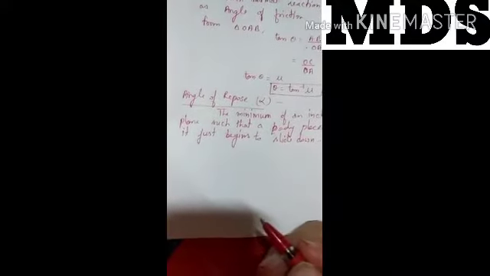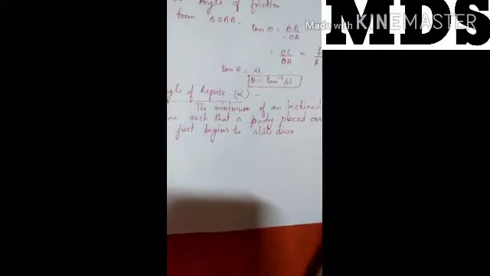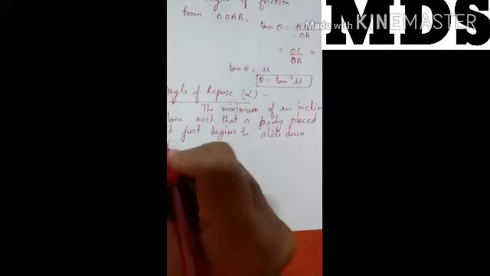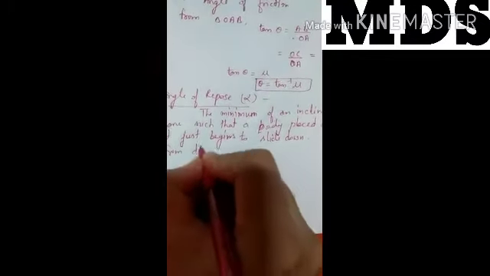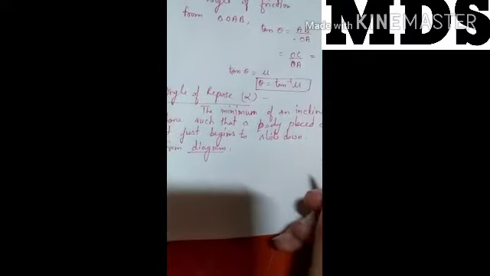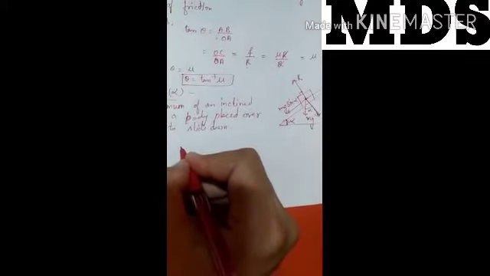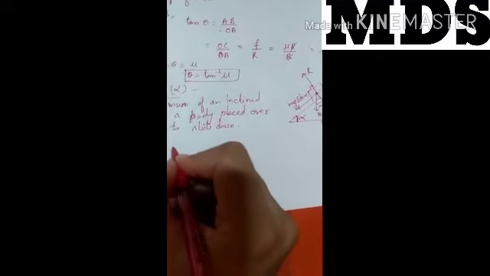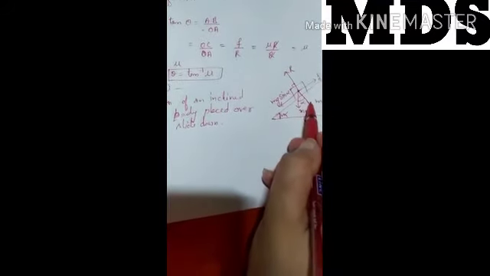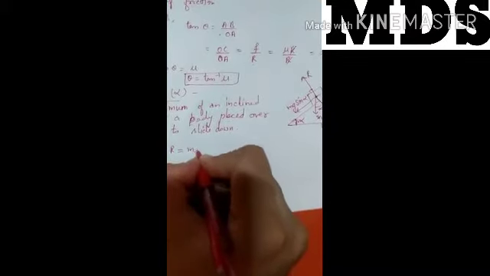Then how can we find this value? Where are the forces acting on this object? Then from the diagram we will follow the equilibrium condition. From the diagram, if this object is at rest, then we can write R equal to mg cos alpha.